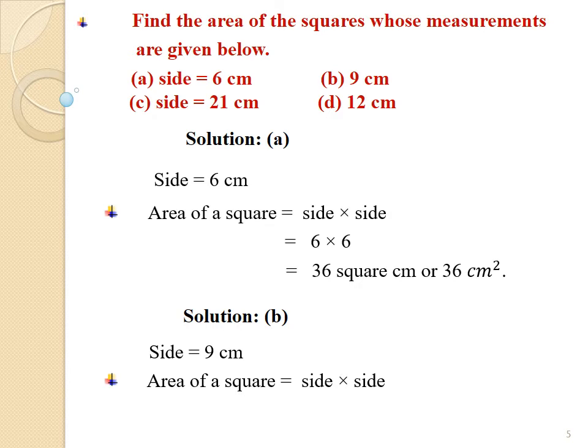Thus, multiplying 9 centimeters by 9 centimeters, we get 81 square centimeters. Students, solve sum C and D by yourself.